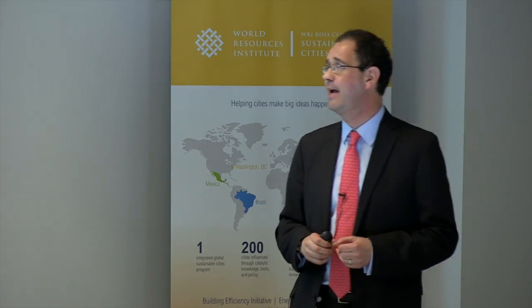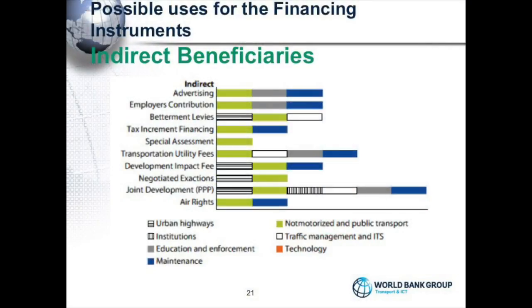And then the indirect beneficiaries. Here, not as good, but not bad, not bad. It can finance a lot of public transport. As you can see, all the elements here are good for financing sustainable transport. Non-motorized and public transport is the green bar. So all of these instruments are a source. And again, apply the principle, if you benefit, you pay.